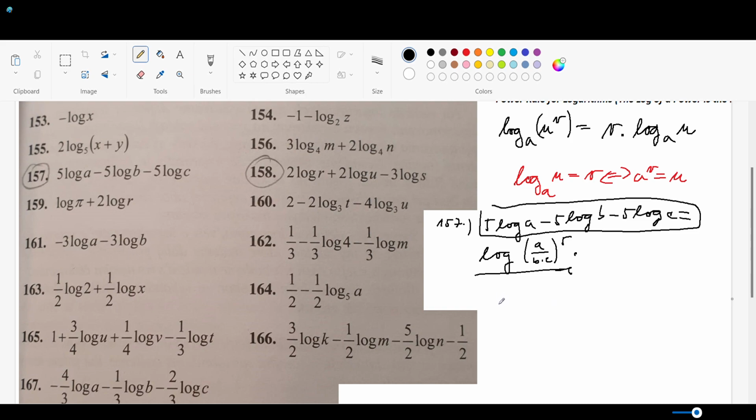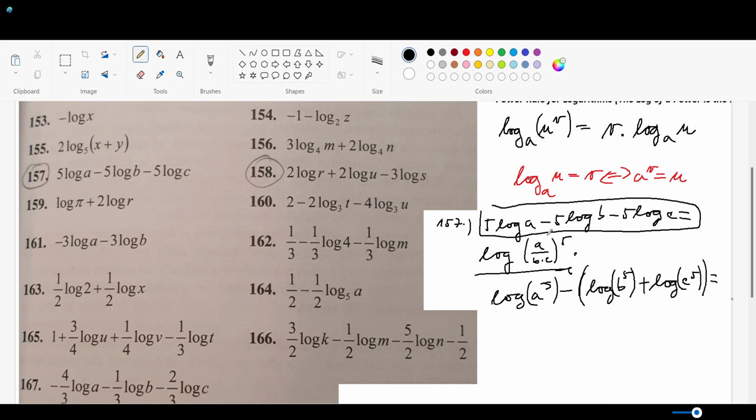First of all, what I would do to really show you how this can be found very easily would be that I will use the quotient rule, which means log a to the power of 5 minus, and this is really critical, I would use the parenthesis here, minus, now log b to the power of 5, plus logarithm c to the power of 5 is equal to.